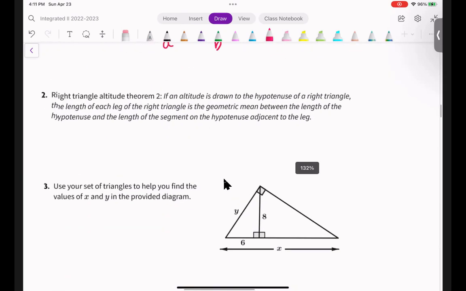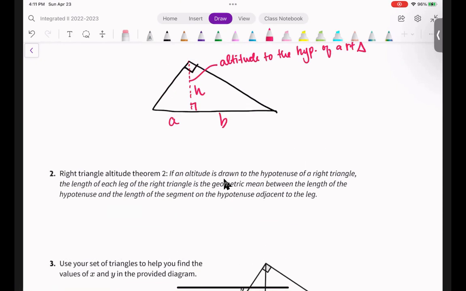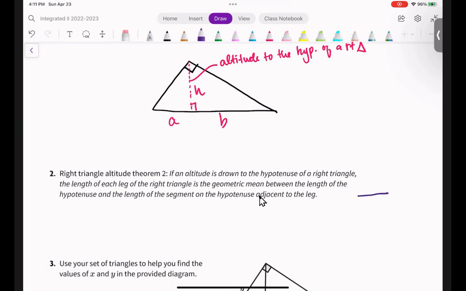So the next one is, and I'll just use the same drawing because why not? It says the altitude is drawn to the hypotenuse of a right triangle. The length of each leg of the right triangle is the geometric mean. Okay, so when they say geometric mean, I'm going to draw this proportion again. And then they said the leg.